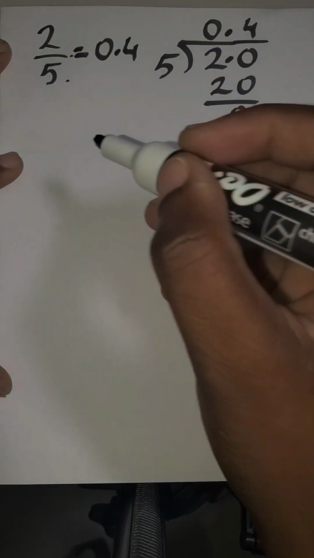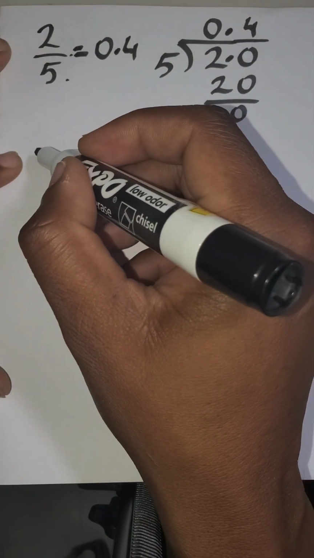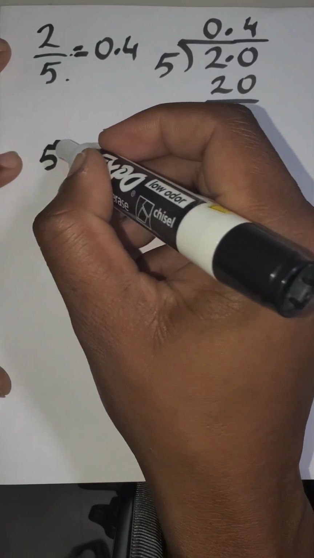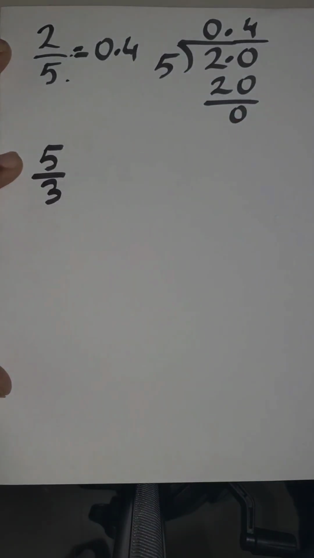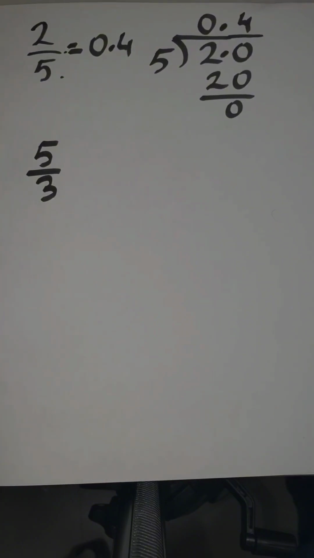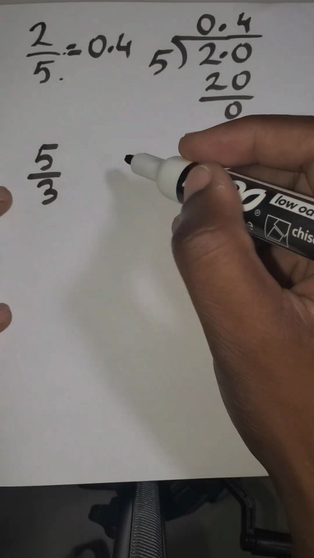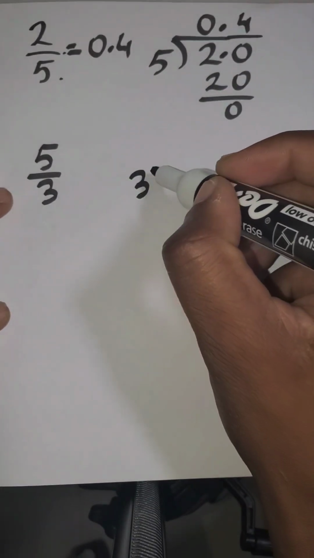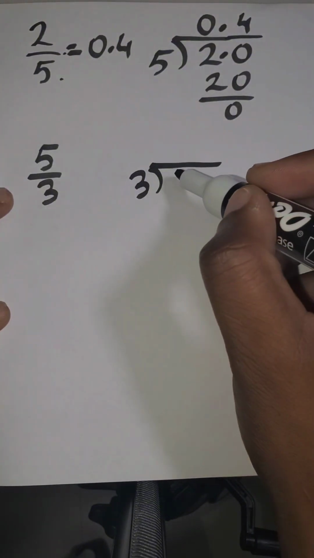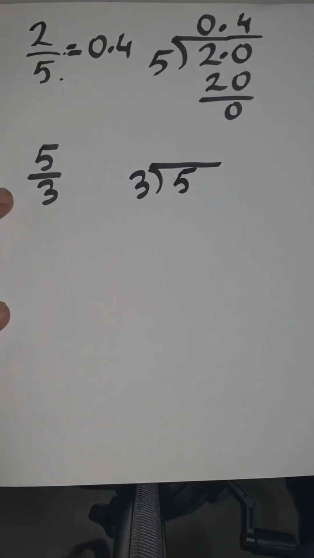Let's try another example. Let us try an improper fraction, 5 over 3. Write 5 over 3 as a decimal. Again, this means 5 divided by 3. So the 3 is outside and the 5 is on the inside.